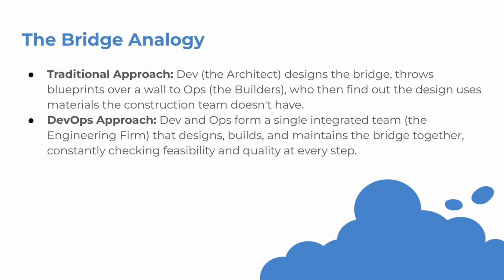So they can't move on. The architect says, "Okay, I handed over the blueprint, and it's your job to make the bridge." And the builders say, "Okay, but we don't have these materials. I don't know what you are expecting, and this is stuck here."